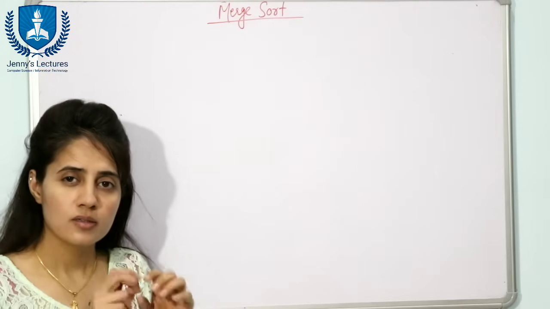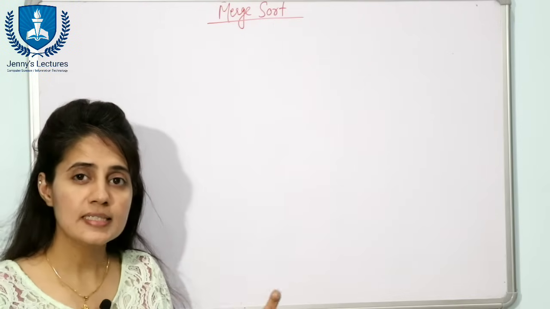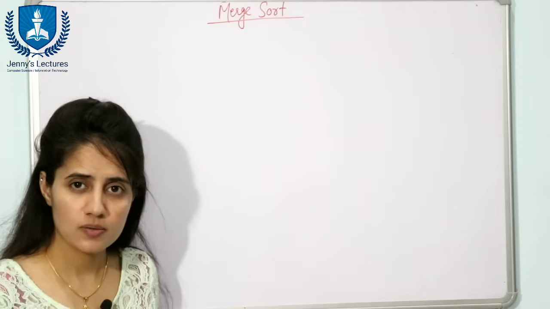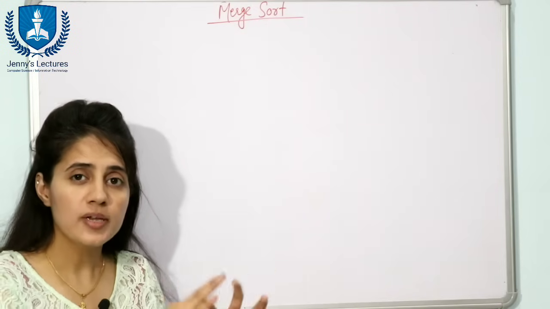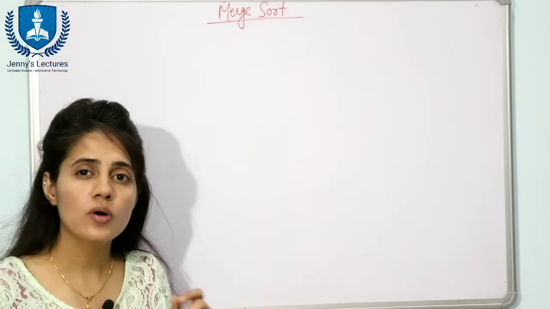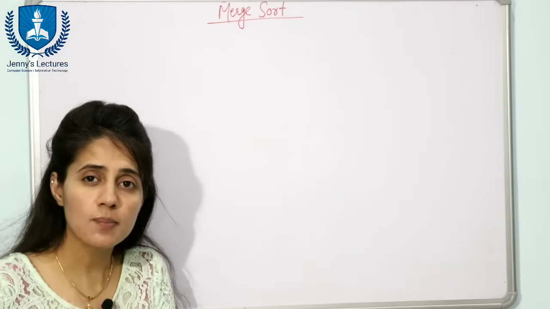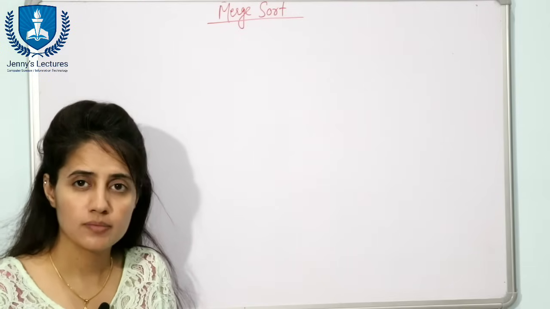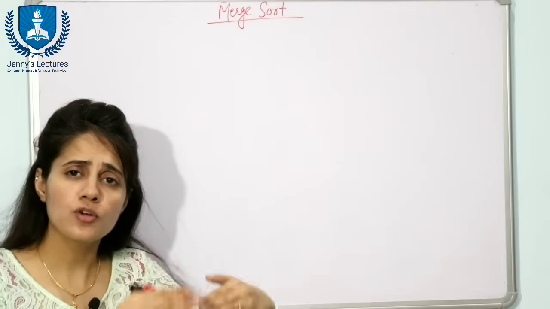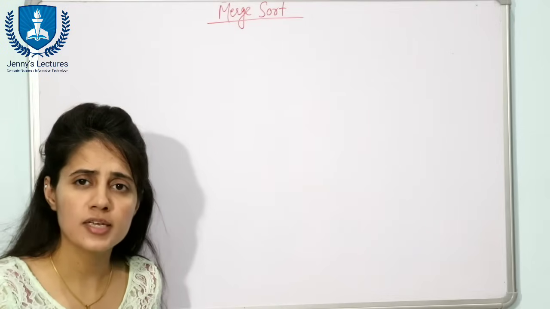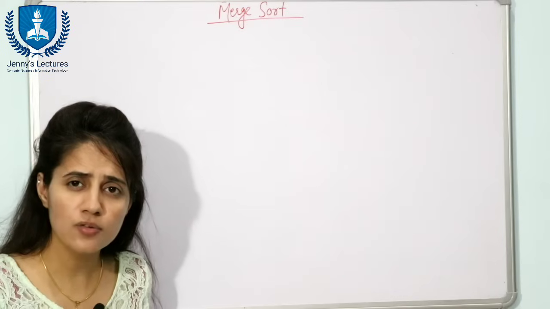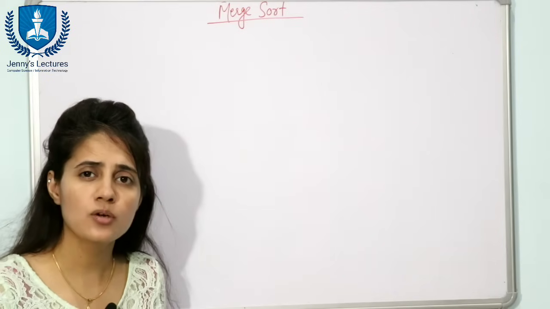In this case the complete array, or you can say the complete list, is divided into sublists. Or you can say the complete list is divided into n sublists, and each sublist has one element. We keep dividing the list into sublists until we get sublists having only one element.